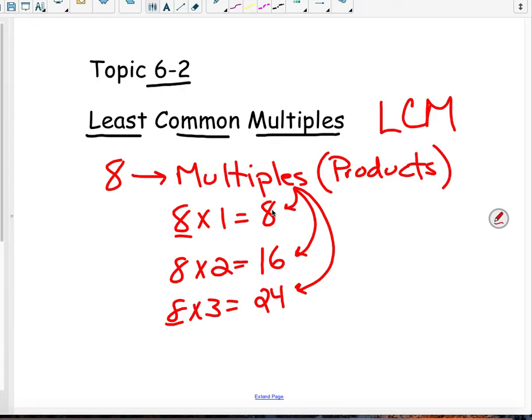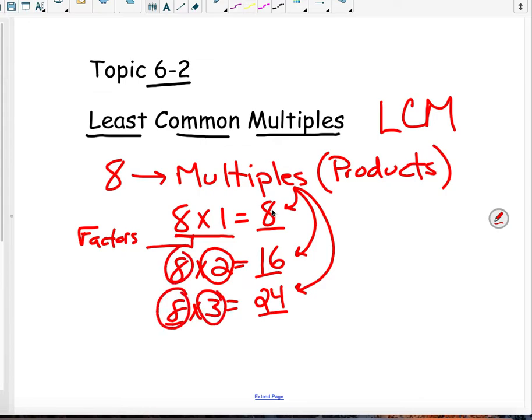So these are factors, and the products are multiples. These are all factors, and they would be used together to create multiples. So that's an important piece of information right there.